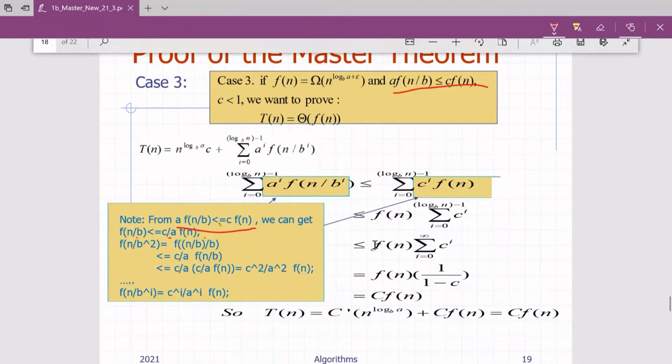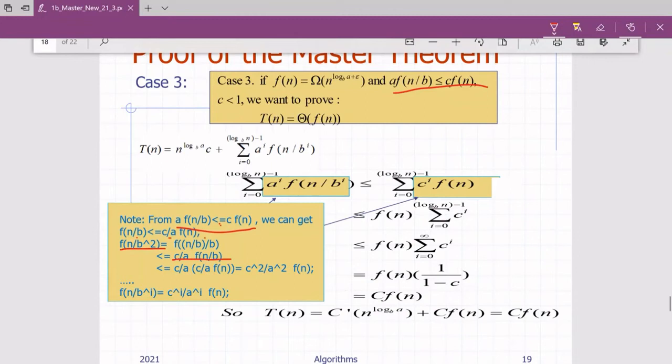So if we do that, we will have f(n over b squared) less than or equal to c over a times f(n over b).